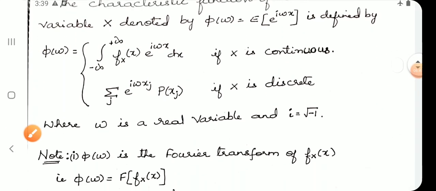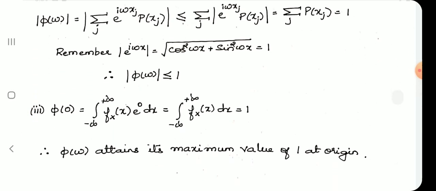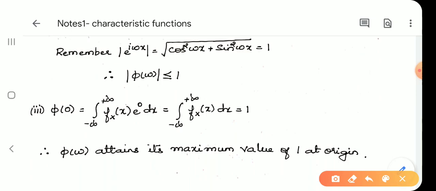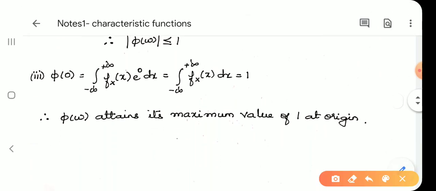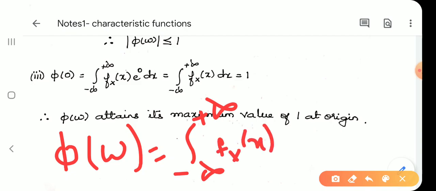Now, let us move further. Third point: let us see what happens to the value of phi of omega when omega is equal to 0. We know that phi of omega is equal to the integral from minus infinity to plus infinity of f_X of x into e to the power i omega x dx.